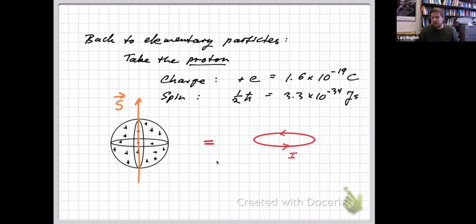But the end effect is that we have some charges in motion because the particle is spinning, and that should be equivalent in some sense to a current loop. And so we can say that the spin, therefore, produces a magnetic dipole moment, because a current loop is associated with a magnetic dipole moment, as we said before. So here's our connection, classically speaking, between spin and magnetism, magnetic dipole.